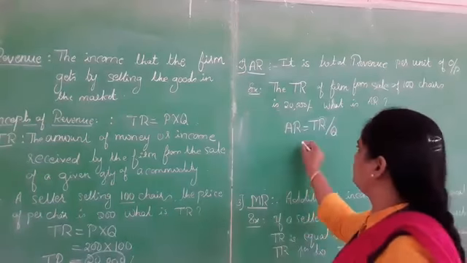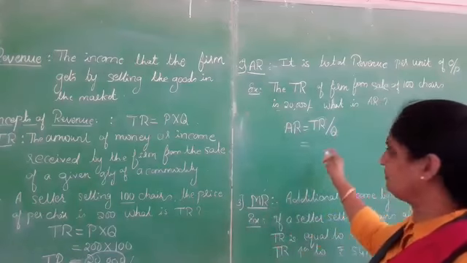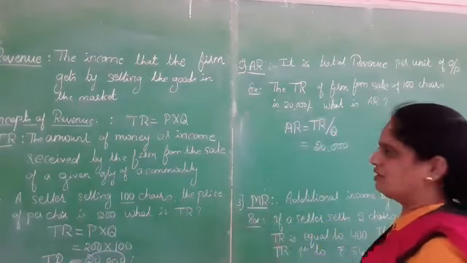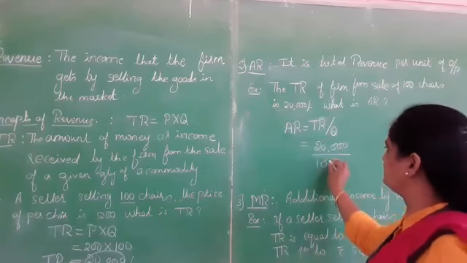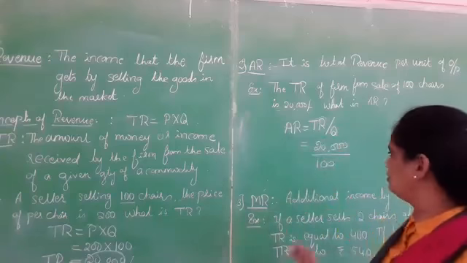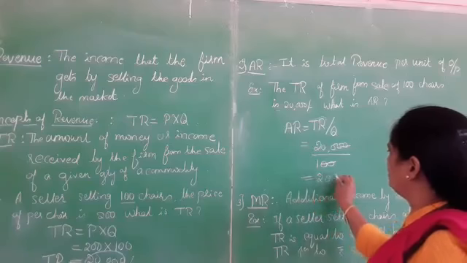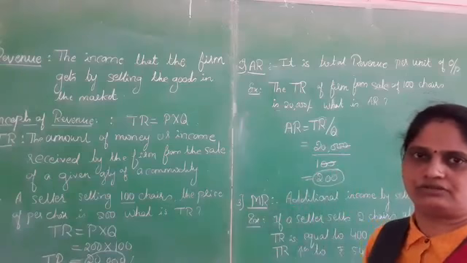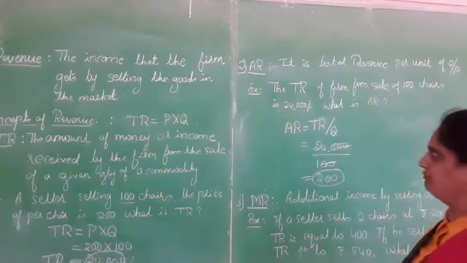Here average revenue is equal to TR by Q, which is 20,000 divided by Q. Q is 100 chairs. So the answer is 200. 200 is the price of each single chair, and that is called the average revenue.